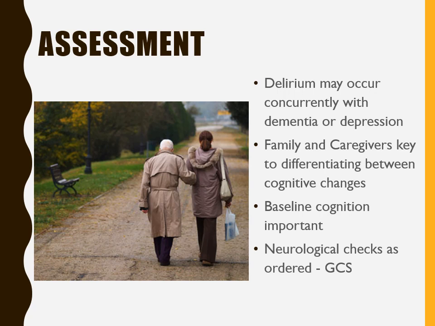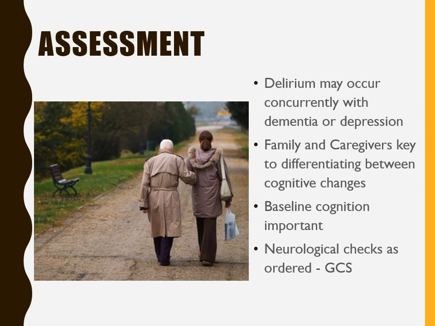Delirium unfortunately can occur concurrently with dementia or depression, and that's what makes it really, really difficult when we are looking at our readmissions. So it's really important that you include the family, because the family will recognize whether this person is delirious or not. It's the family who'll tell you, hey, this is not my mother. My mother is usually way more independent and is able to recognize things much more clearly.